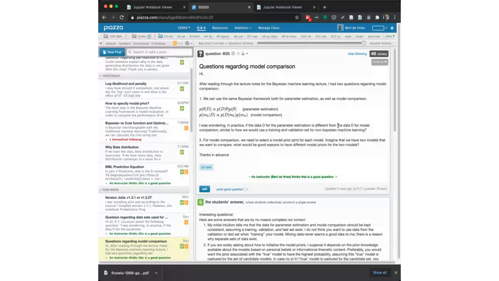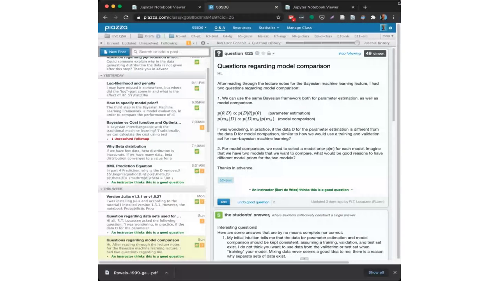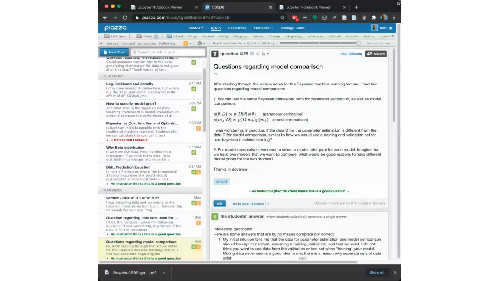And the question is why we don't need a test set. I would turn it around and say, so aside from normalization, right? I mean, what do you really want? In Bayesian machine learning, you want to state or update your state of knowledge about something when new information becomes available.